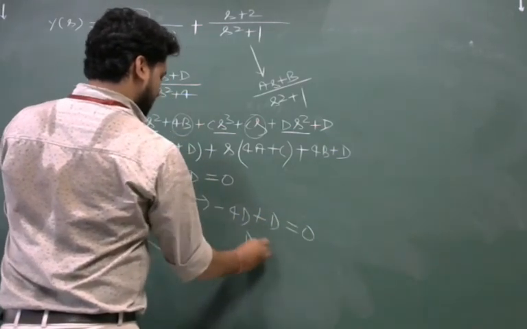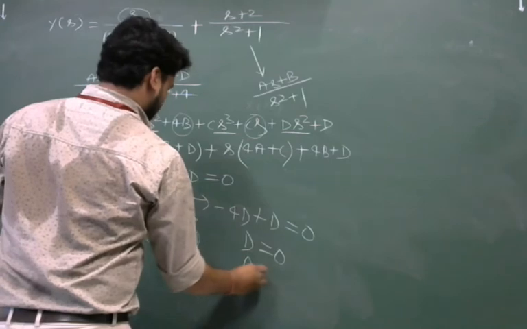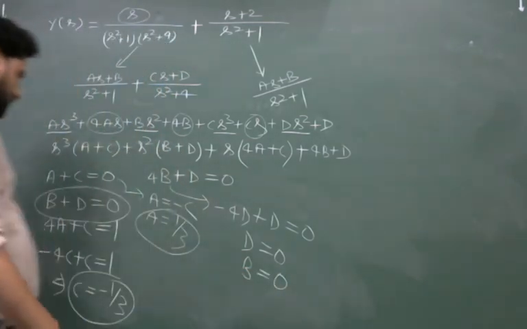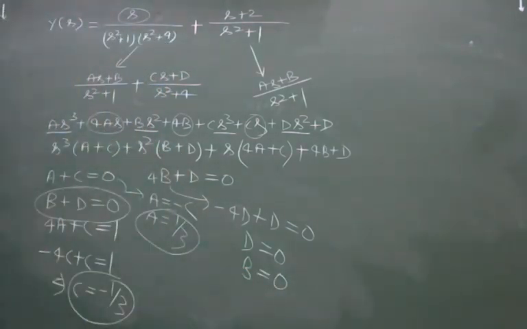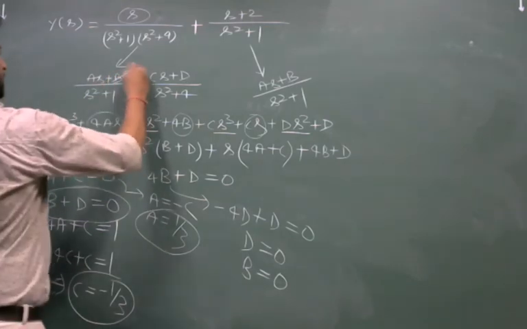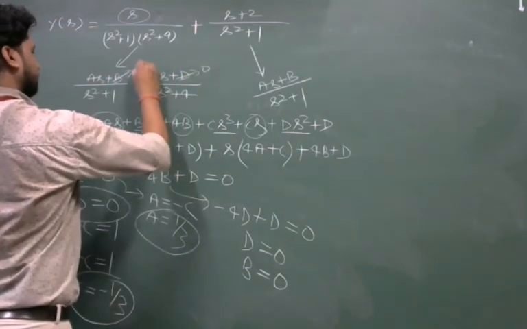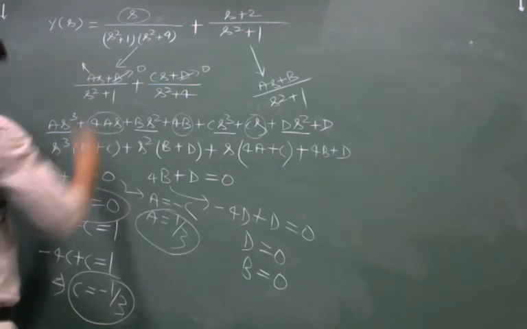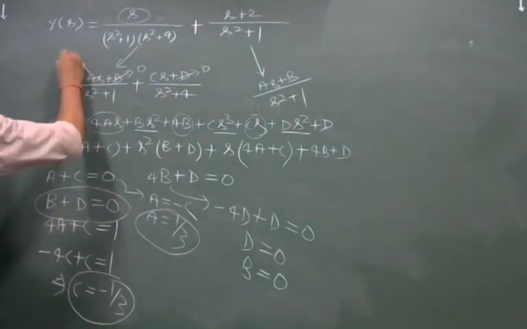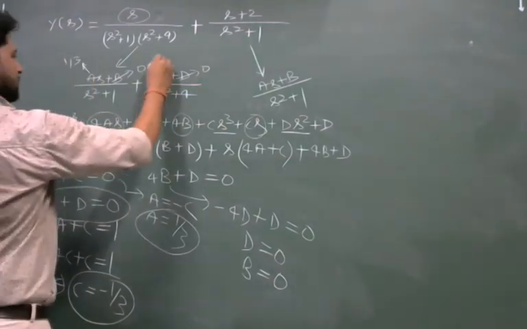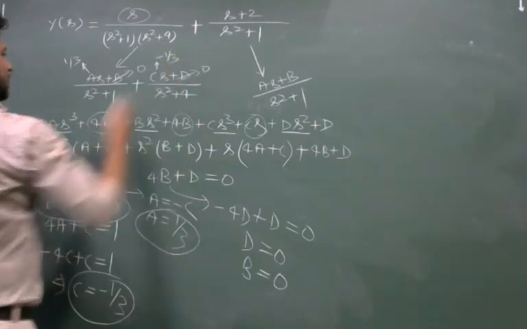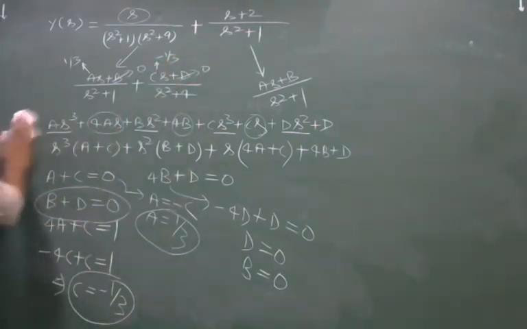It means that d equals 0 and b equals 0. So b and d are 0, and a is equal to plus 1 by 3 and c is equal to minus 1 by 3.